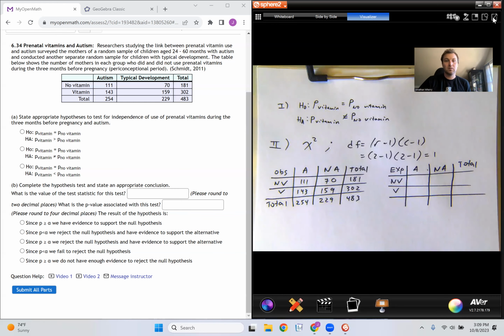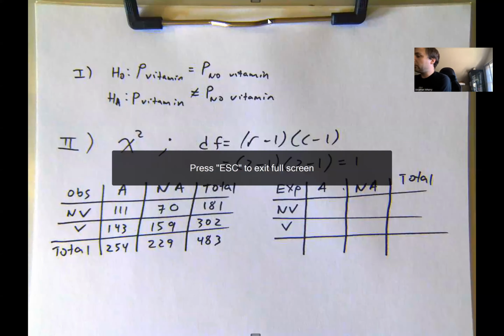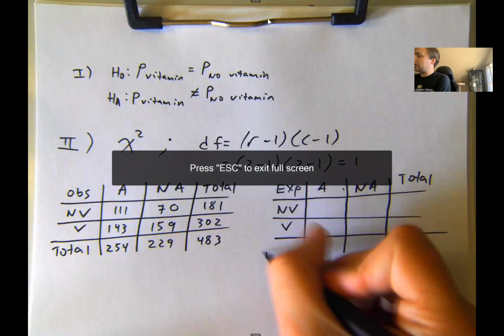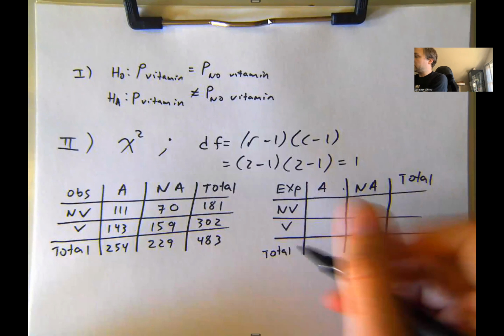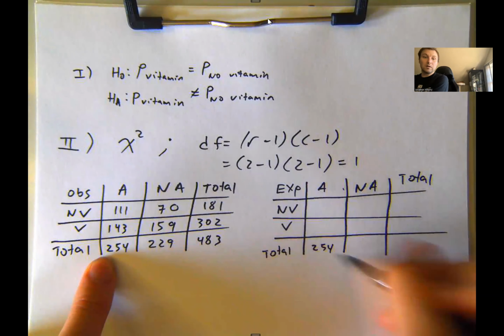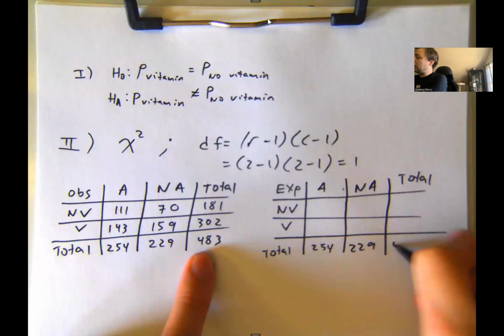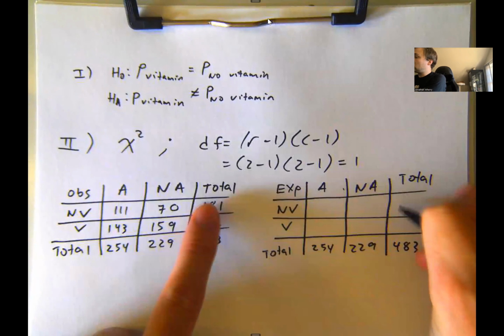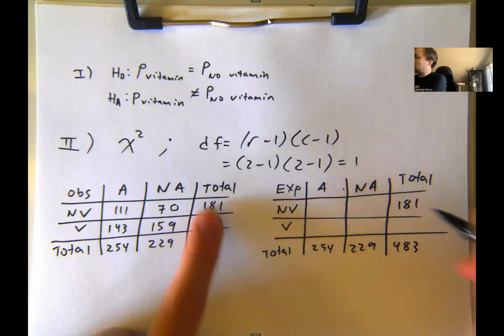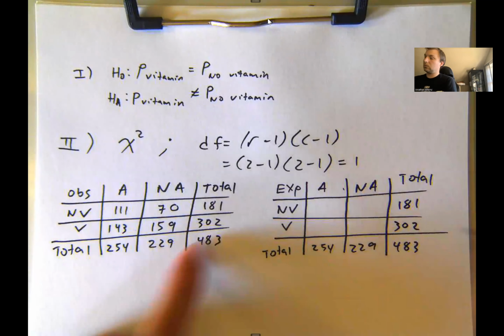In particular, my totals are going to stay the same on the outside. This will be 254. This is 229. This is 483, 181, and 302.